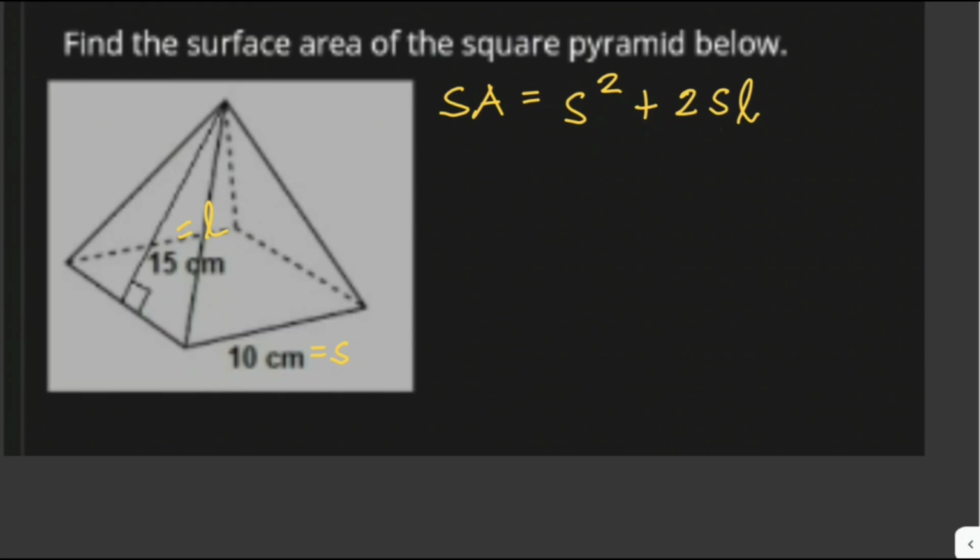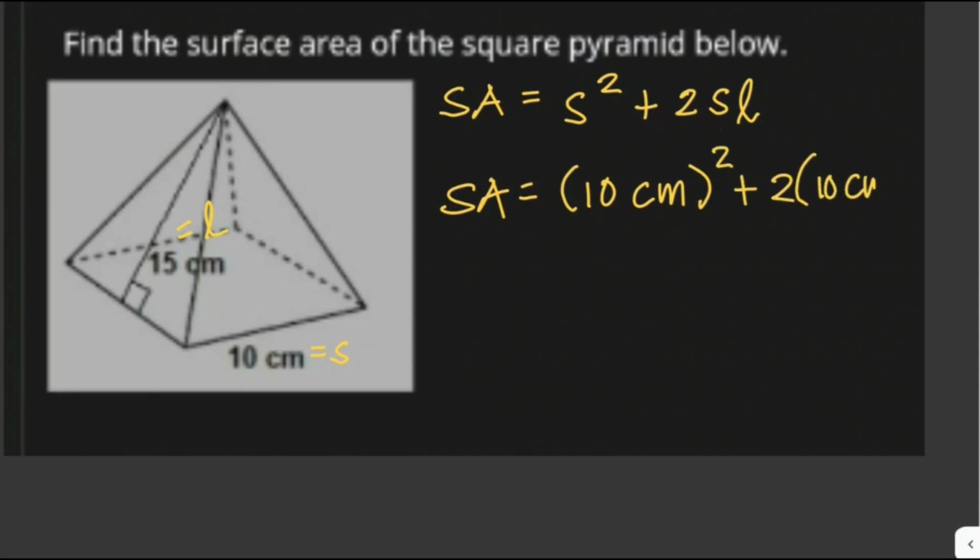Alright, so let's plug in all the values given here. We have the side equal to 10 centimeters. So this is just 10 centimeters squared plus 2 times 10 centimeters times 15 centimeters.